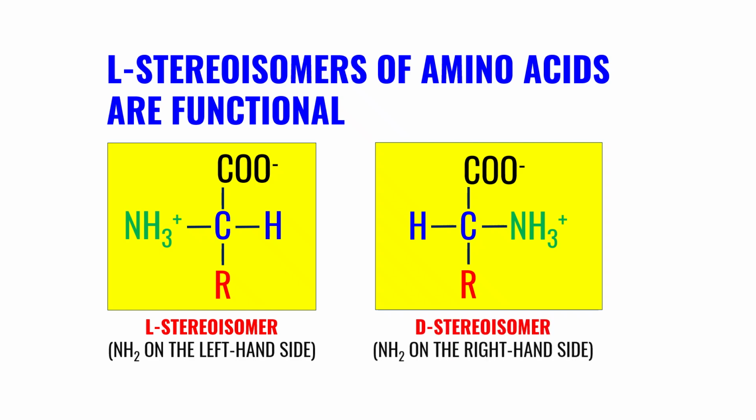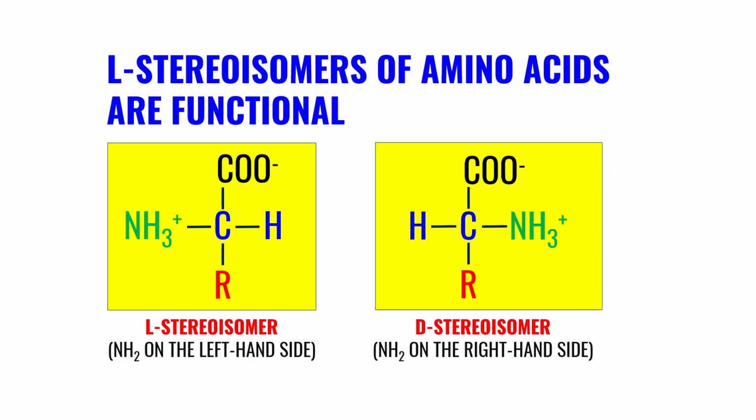The other form is D-stereoisomer, which is defined by the position of the amino group on the right hand side. These are not active in our system. Most of the amino acids exist as L-stereoisomers. They are functionally important in this configuration as well.